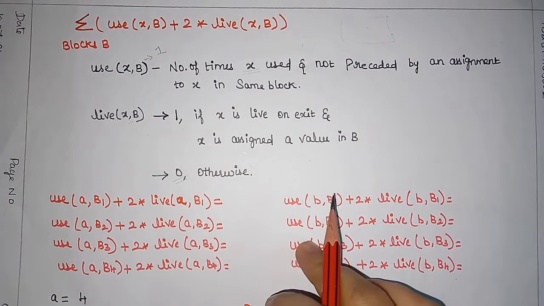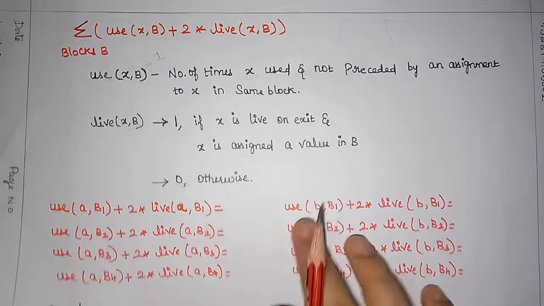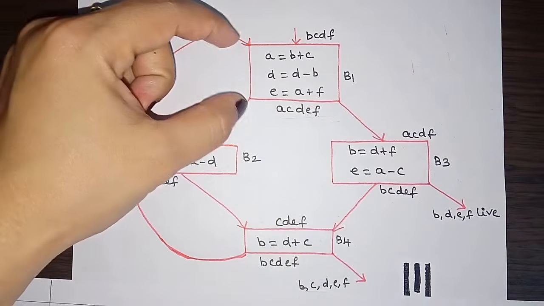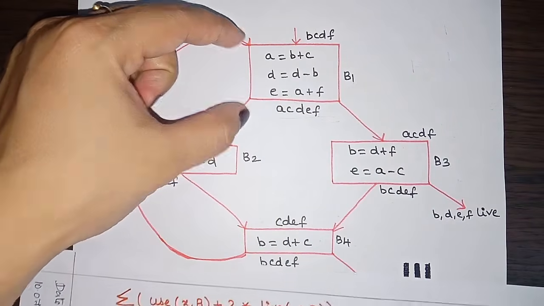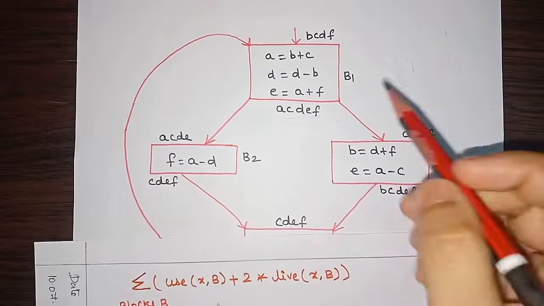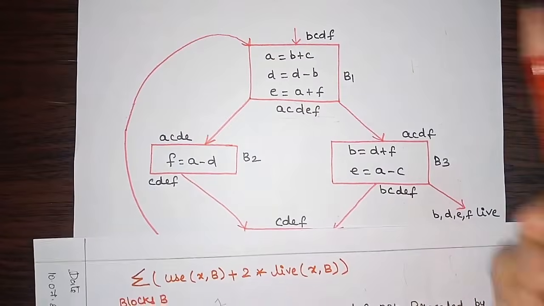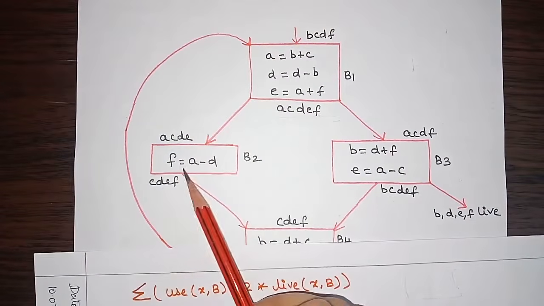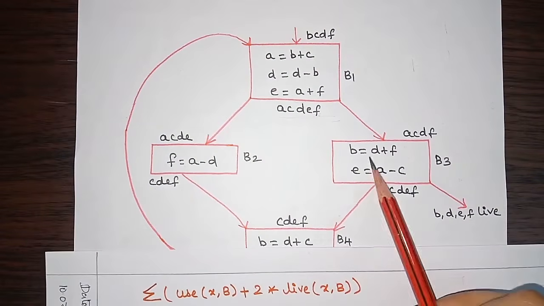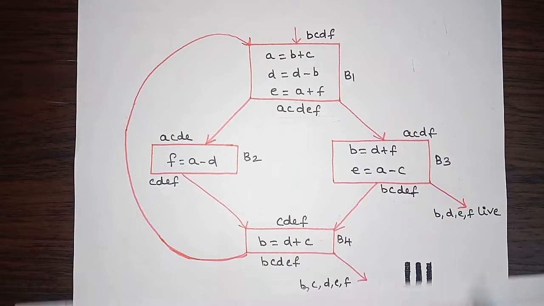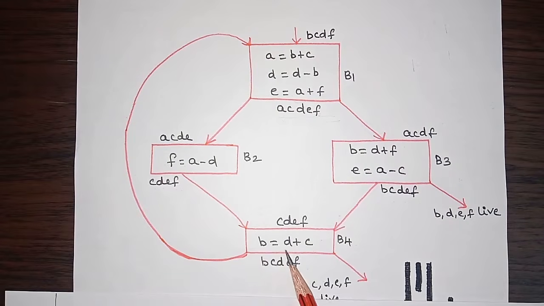So now let us consider the same flow graph, and in this flow graph, first we will take block 1. So here in block 1, we have variables a, b, c, d, e, f, and in block 2 we have f, a, d, and in block 3 we have b, d, f, a, e, c, and in block 4 we have b, d, c.